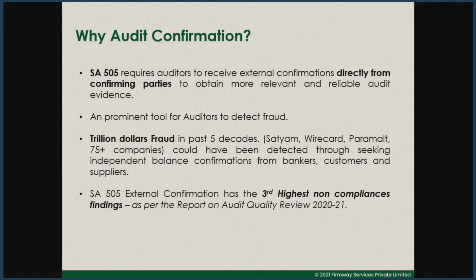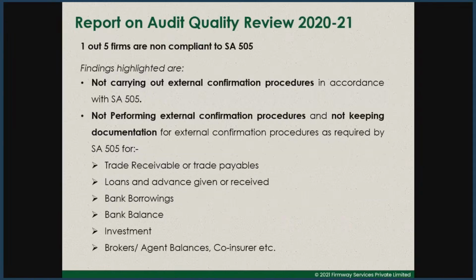SA 505 external confirmation has the third highest non-compliance finding, for which we'll be having a resolution. Before that, let's go through the reports. 1 out of 5 firms is non-compliant to SA 505, which is a critical issue, right? Further, why are they not able to carry out this performance?